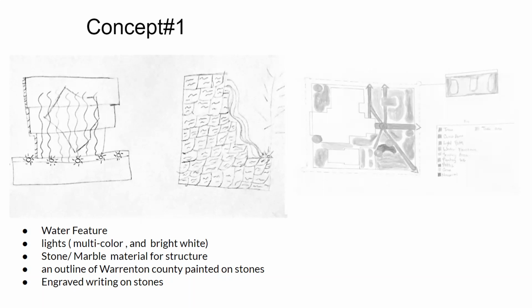It's the layout of Warrenton County. I wanted to put little inscriptions on the fountain with some lights. And then over here was an area to sit and eat and just enjoy themselves.